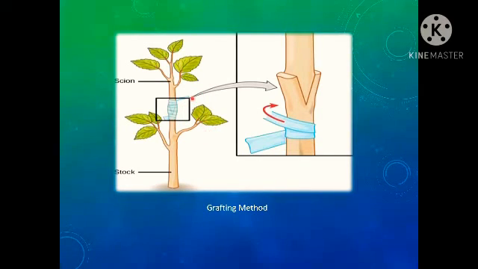After a period of time, the scion starts producing shoots and eventually bearing flowers and fruits. Grafting is widely used in viticulture, like grape growing, and the citrus industries. The scions capable of producing a particular fruit variety are grafted onto rootstock with a specific resistance to diseases.